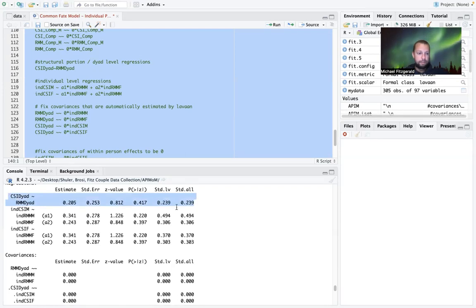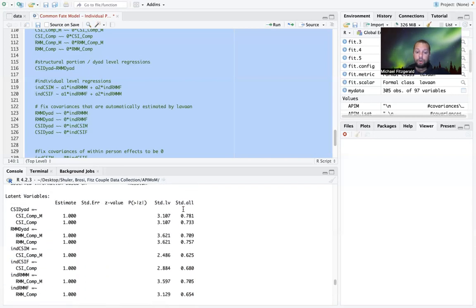Our standardized effect at the dyadic level actually changed because we are estimating those partner effects. So be very careful with estimating those partner effects, because some of that covariation occurring between the dyads, some of that non-independence, is actually being sucked up by those partner effects, which is why you see the explained variance go up and the parameter estimates at the dyad level go down.